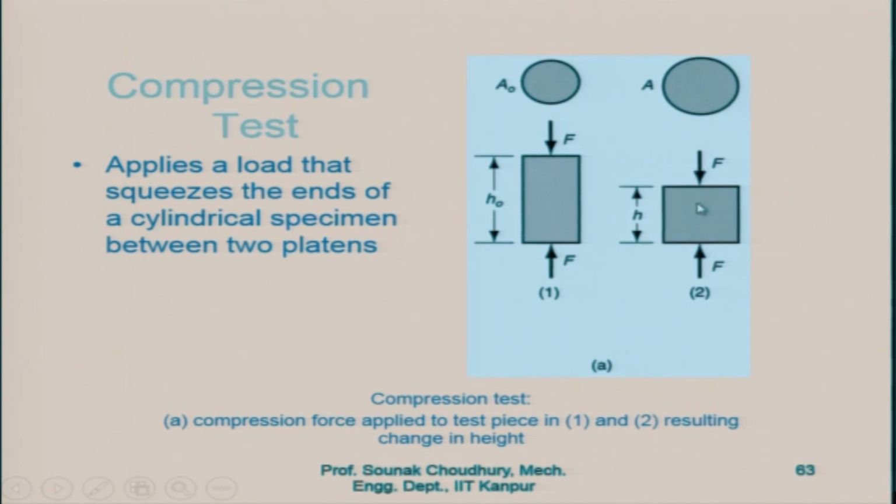However, the diameter or the cross sectional area increases. This is the cross sectional area initially, before applying the load, and after the load is applied, the specimen reduces in length and increases in diameter. It is a normal thing, many of you might know that.